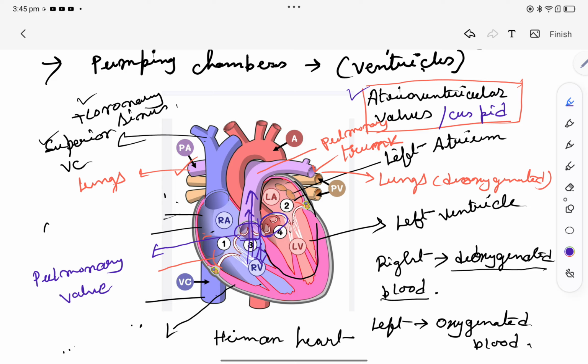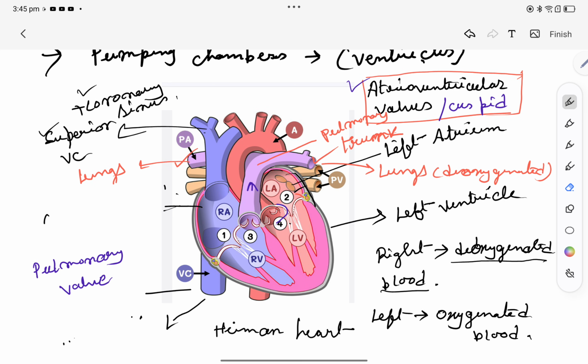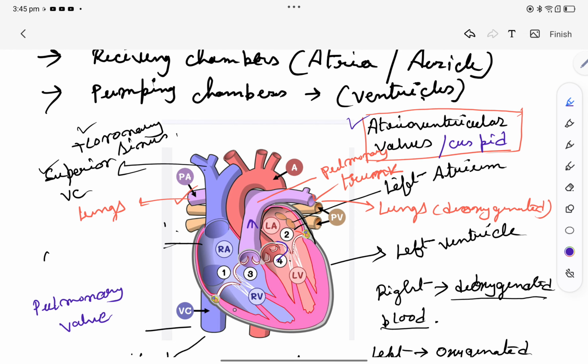Now, if we see this diagram, we can see that our ventricles are divided by interventricular septum. This is a septum, right?